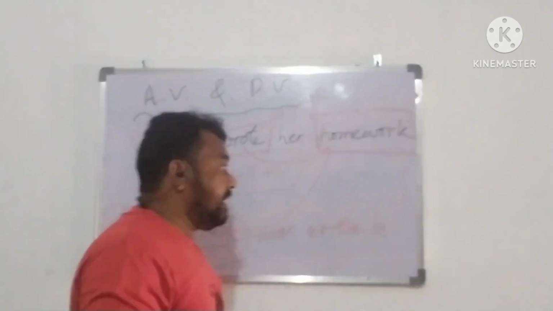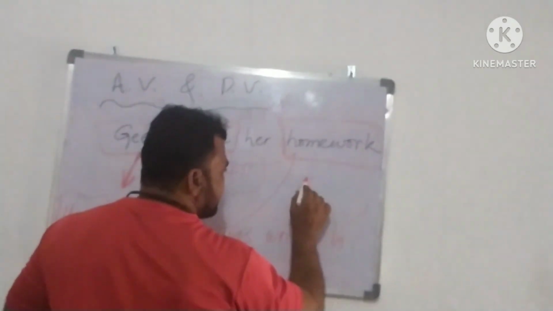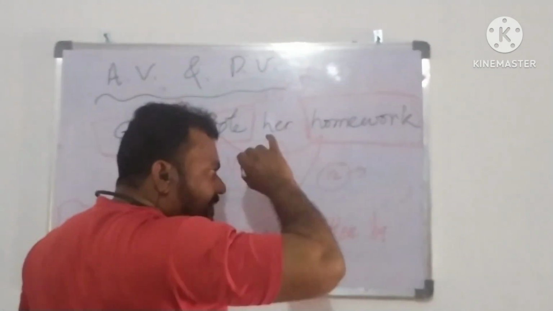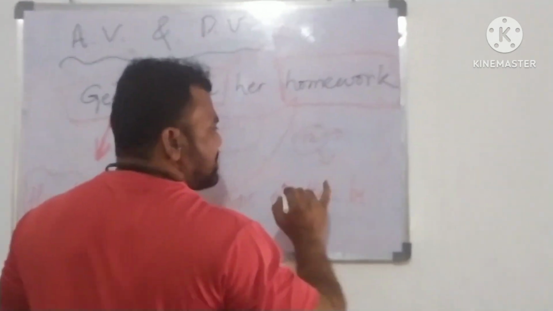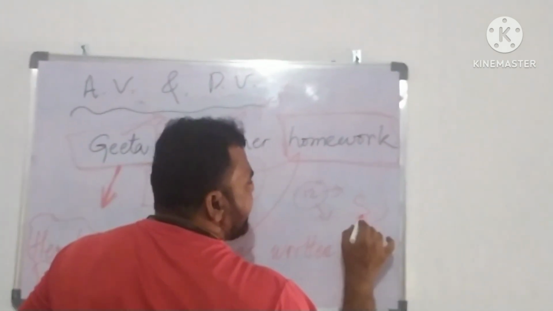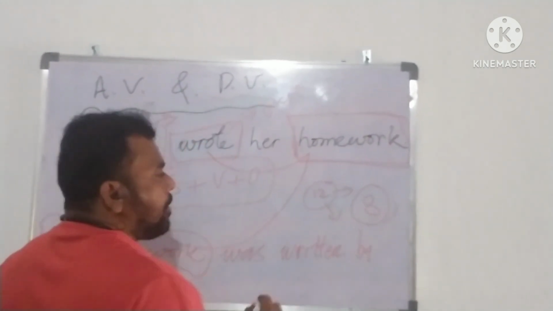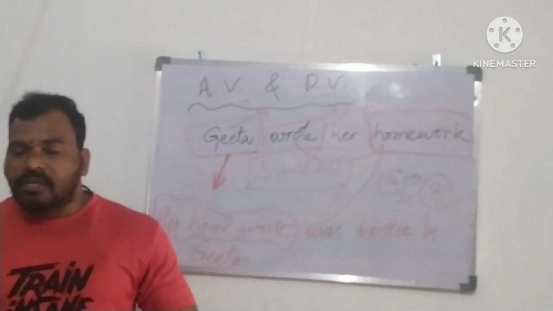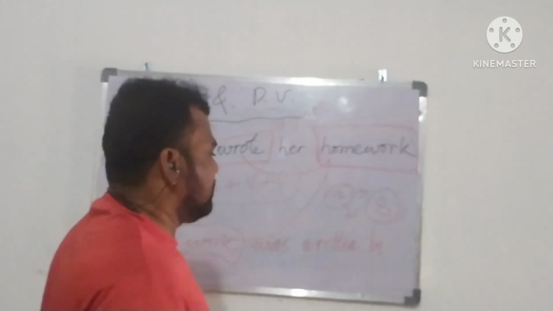But you see, all of these 12 tenses cannot be changed into passive voice; only 8 can be changed into passive voice. I am going to let you know what they are.